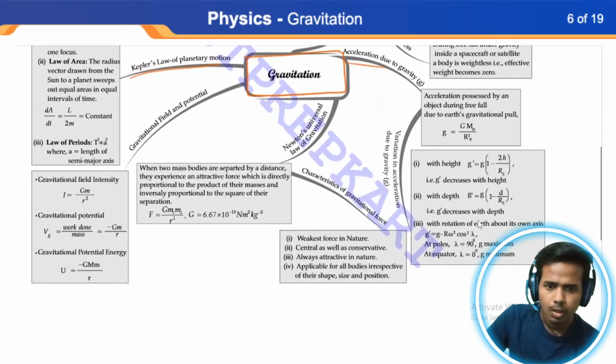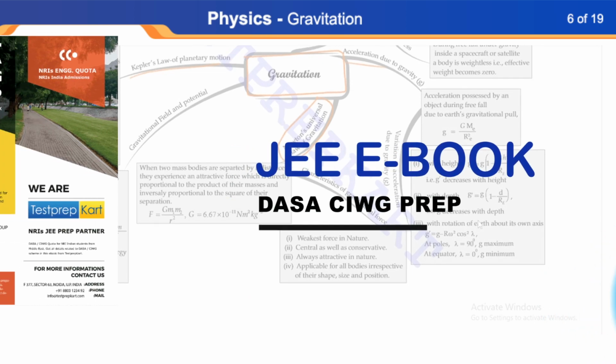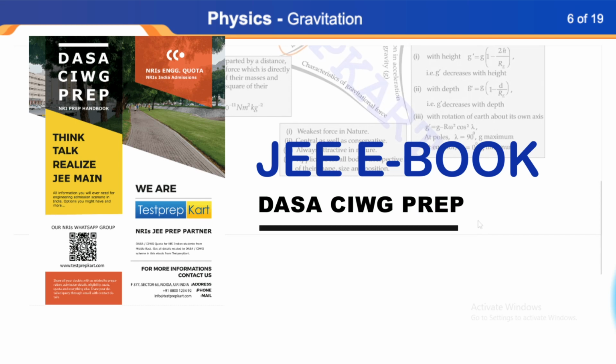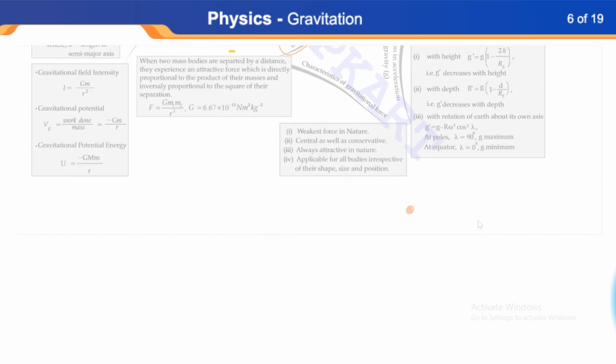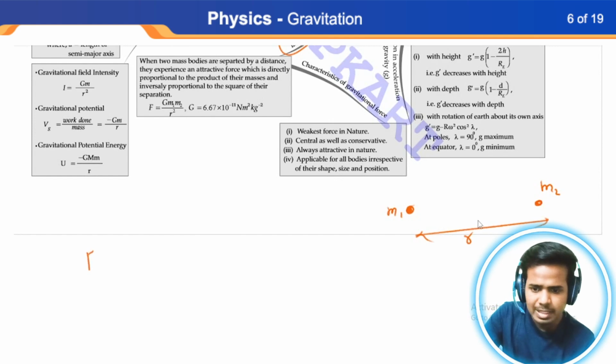First of all, Newton gave a very universal law of gravitation. It is applicable to any two masses in the universe, which is when there are two bodies separated by a distance r having masses m1 and m2, then the force exerted between them due to the gravitational force is equal to some constant, or we can talk about it in terms of proportionality.